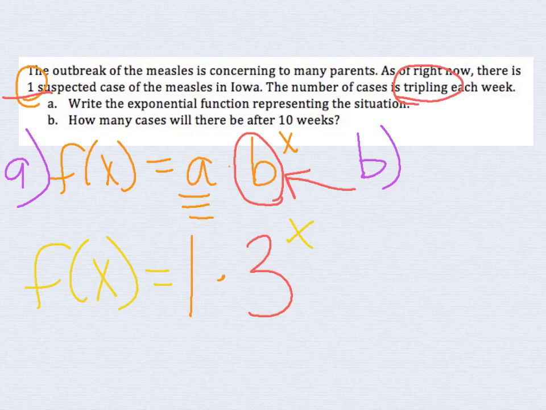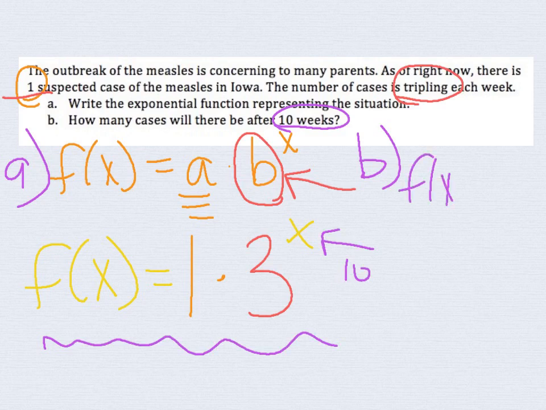So to figure out how many cases there will be, I have to evaluate. I'm going to look at 10 weeks, going back to my function that we just created, and plugging in a 10 for x. So I will be typing into my calculator 1 times 3 to the power of 10.